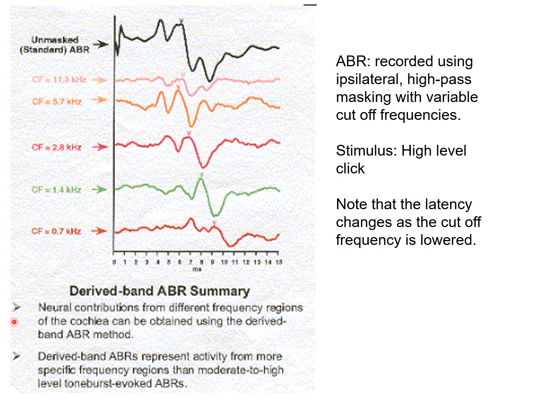The neural contributions from different frequency regions of the cochlea can be attained by using this derived band ABR method. And also, derived band ABRs represent activities from more specific frequency regions than simply moderate to high intensity tone burst evoked ABRs.